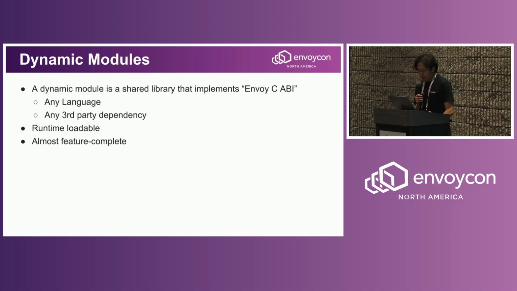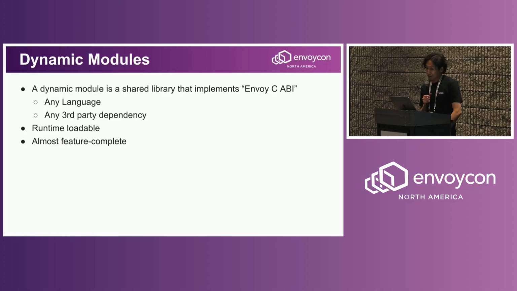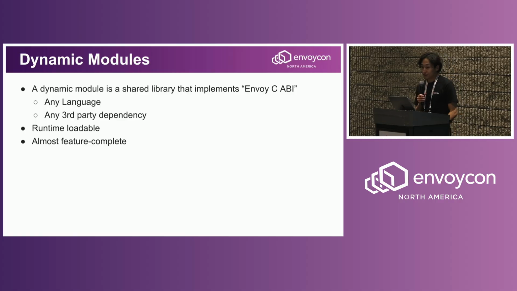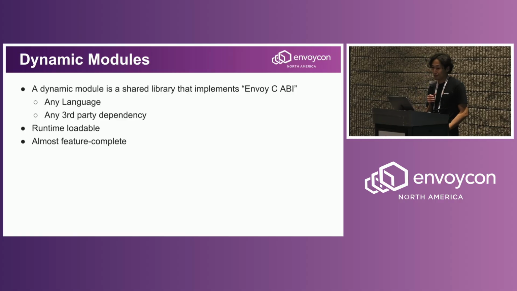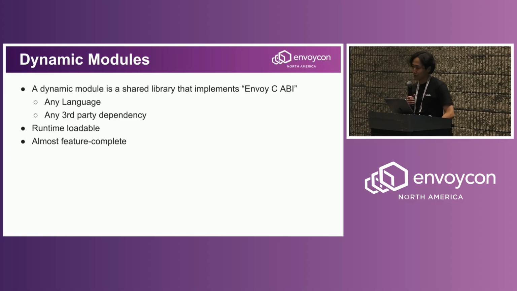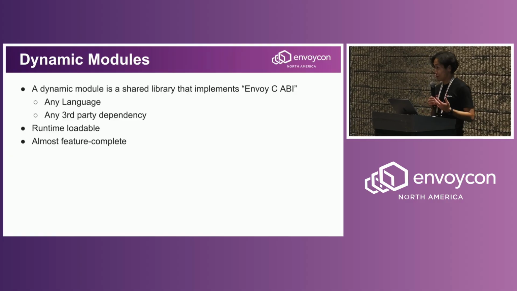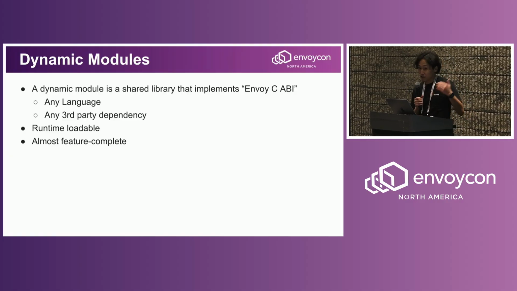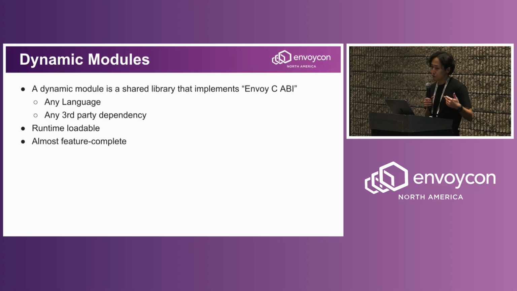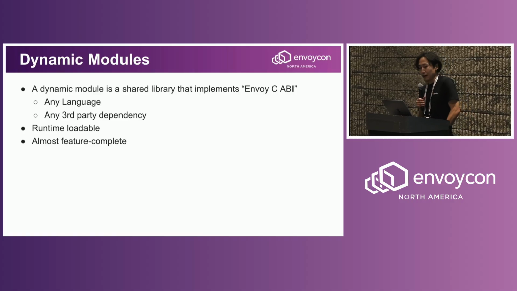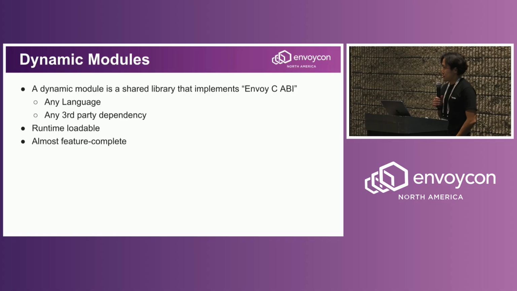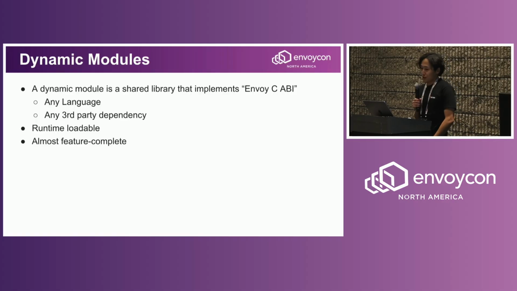But the nice thing about a shared library is that you can bring in any third-party dependency without worrying about whether or not this library is acceptable upstream, because you can load it at runtime without restarting Envoy or recompiling Envoy. And it's almost feature complete, so you can implement whatever you want.